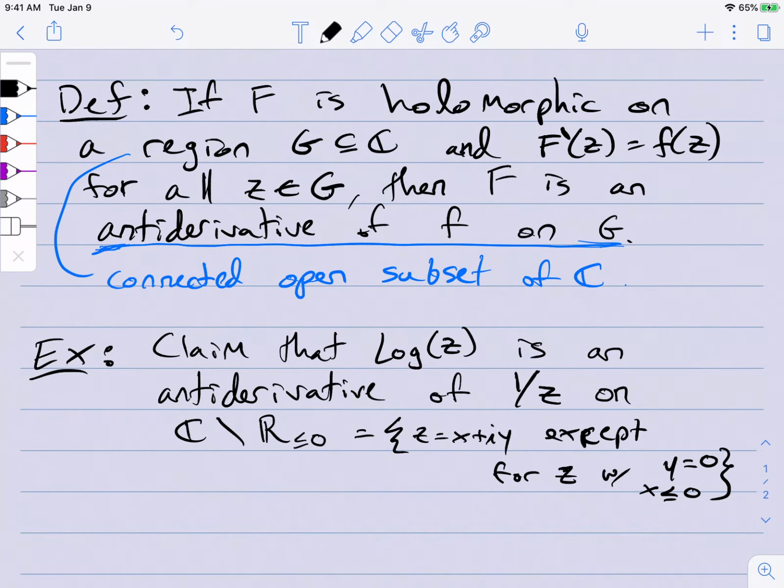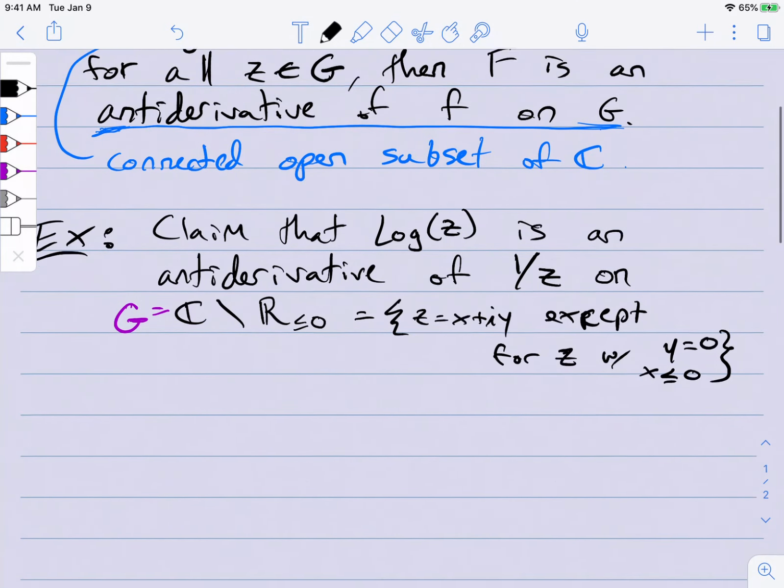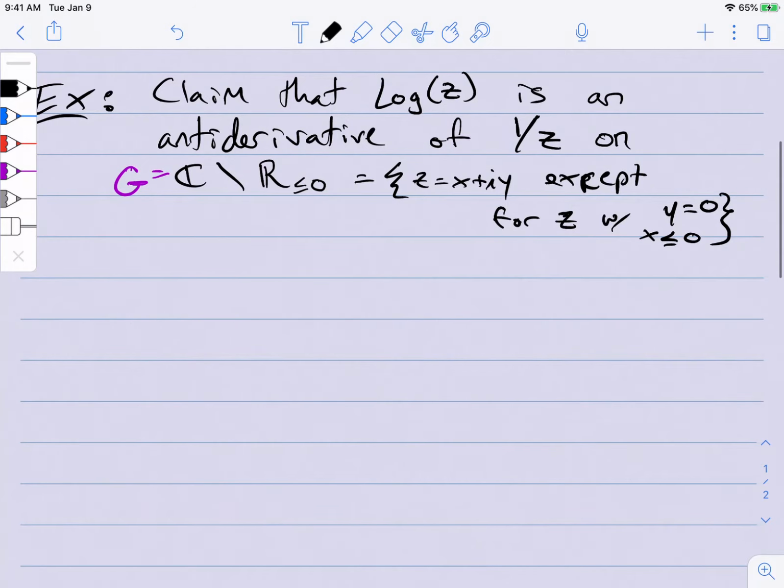So except for the negative real axis, we're looking at all points. And this is an open set, this is a region, and so this is the G in this case, on which we have an antiderivative. So the main thing I'm claiming here is that the derivative of log z is equal to 1 over z. And that's something that the book proved when they were talking about the principal logarithm. But let me just quickly explain the proof here.